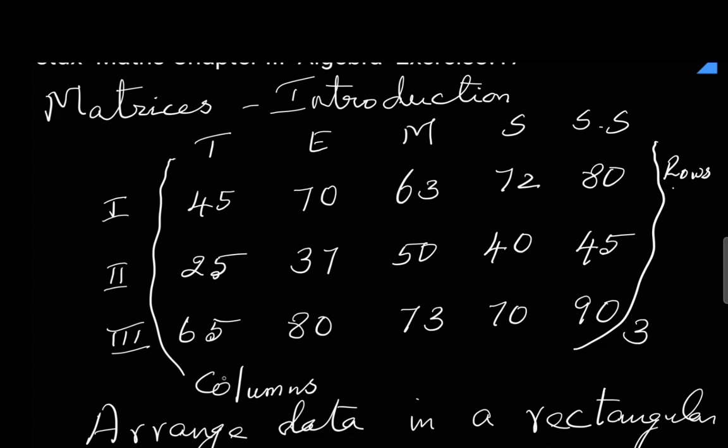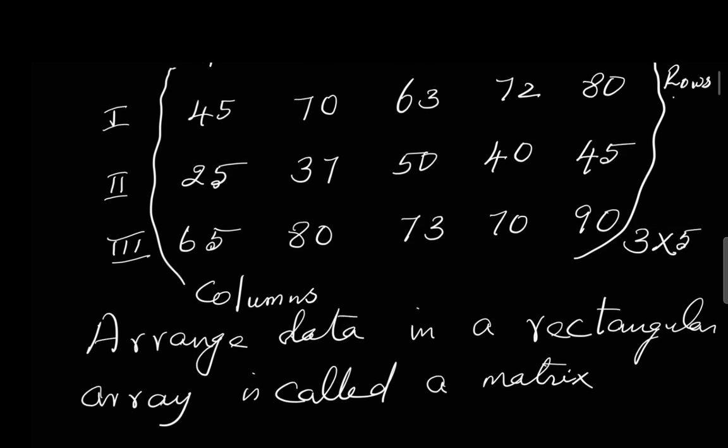How many columns does it have? 1, 2, 3, 4, 5. 5 subjects. In between you write a cross. So you have to read this as 3 by 5. This 3 by 5 is called the order of the matrix.